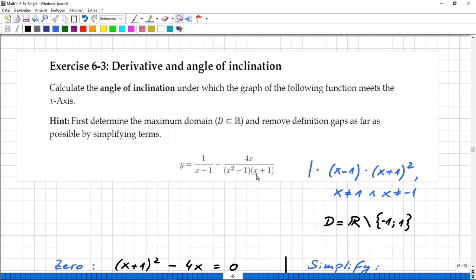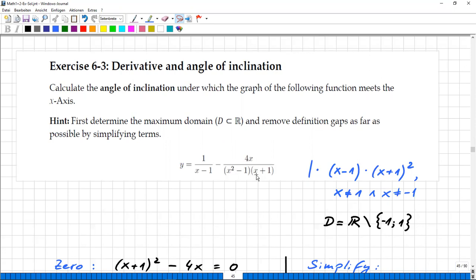You will find that it has a simple zero somewhere, and so the answer to this question will be taking the slope of the tangent at this position and then transforming this using the standard formula, with the tangent of alpha as the inclination angle being equal to the slope. So that's just steps behind. But basically you have to find this zero first.